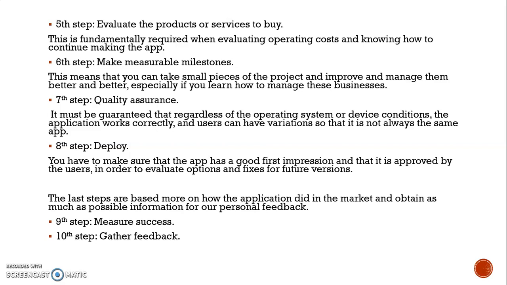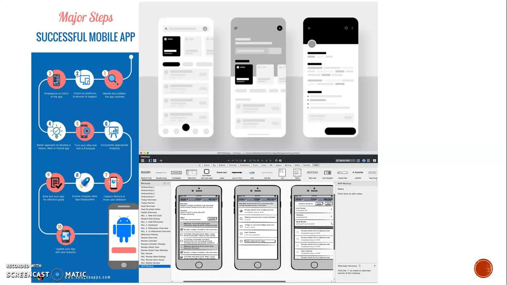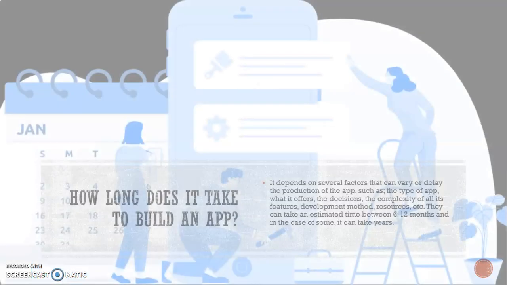Okay, so this is like a diagram where you can see the 10 steps, and this is like a layout of some apps. Like this one from above can be like Uber or Uber Eats, I don't know.